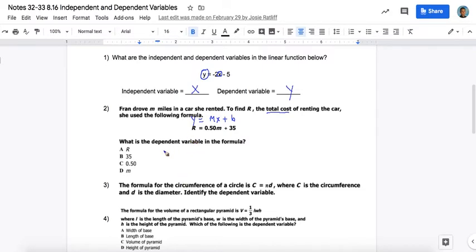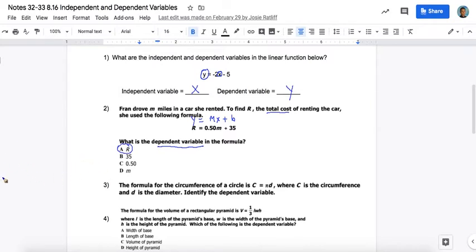So that means when we want to know what is the dependent variable in the formula, we are looking for r. And when you're looking for the independent or dependent variable, it's going to be a letter, not a number. Remember, a variable is a letter.